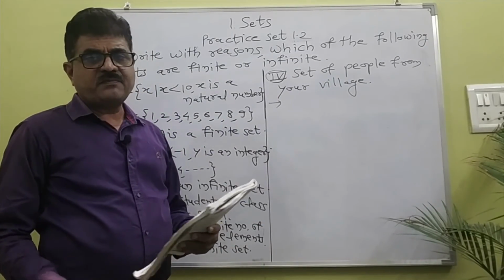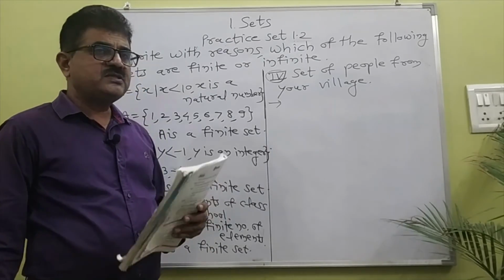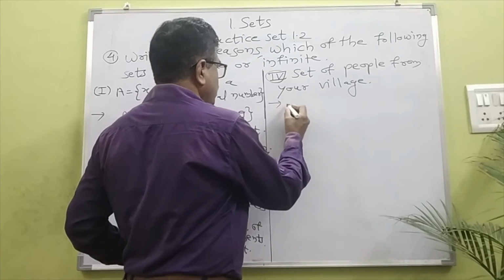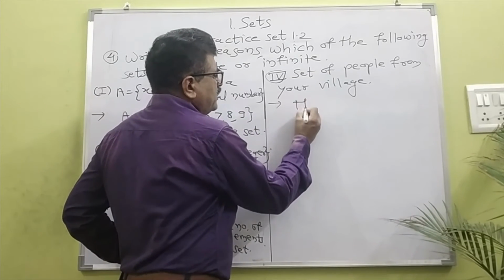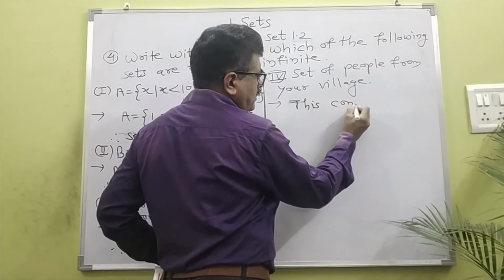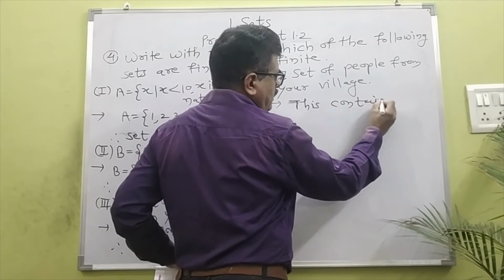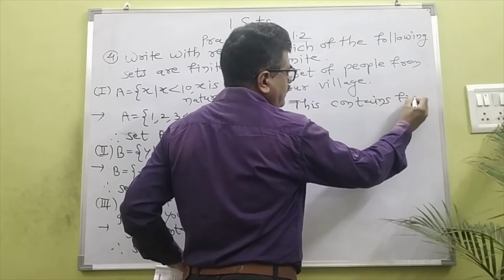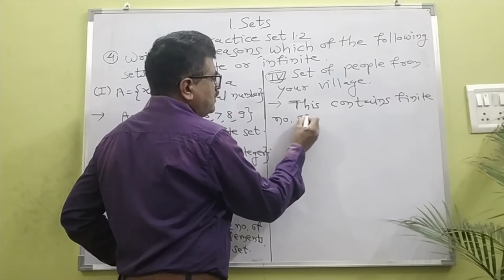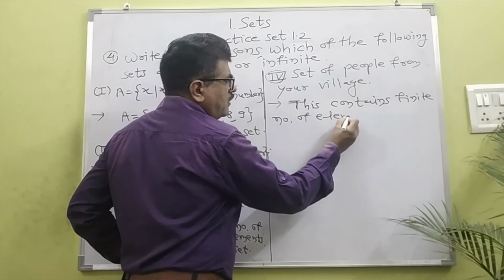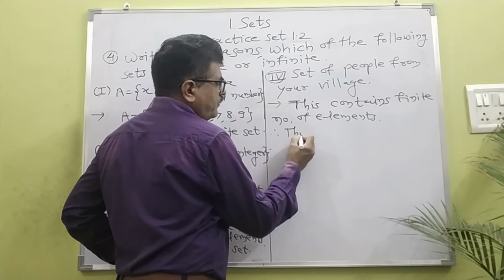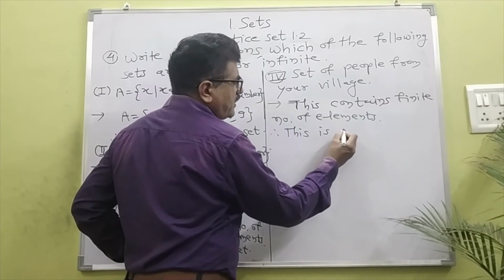Village चे सर्व people आपण count करू शकतो. This set contains a finite number of elements. Therefore this is a finite set.